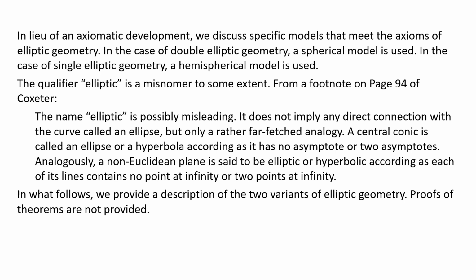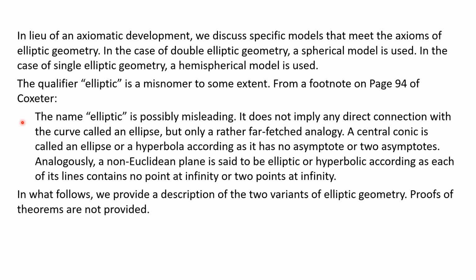We also wanted to mention that the term elliptic is a bit of a misnomer, and I have a quote here from a book by Coxeter. Let me just read that off. "The name elliptic is possibly misleading. It does not imply any direct connection with the curve called an ellipse, but only a rather far-fetched analogy.